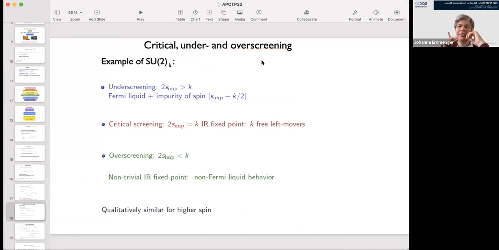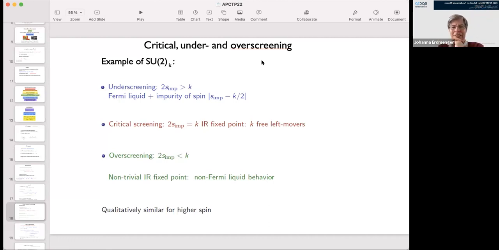Critical screening is what I was talking about all the time. We have two spins, the impurity spin and the electron spin, of the same magnitude. If we form a bound state, then we just get a spin 0. Essentially we don't see this impurity anymore, and there's total screening.